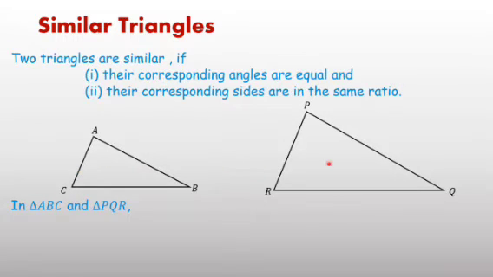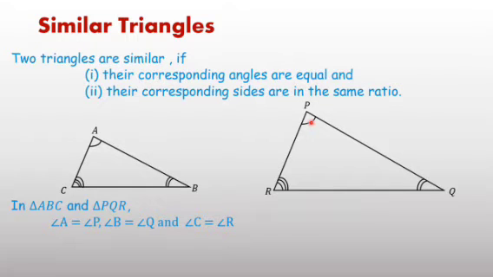Just two triangles are drawn here, triangle ABC and triangle PQR. In ABC and PQR, if angle A equals P, B equals Q, and C equals R, then A and P are known as corresponding angles.